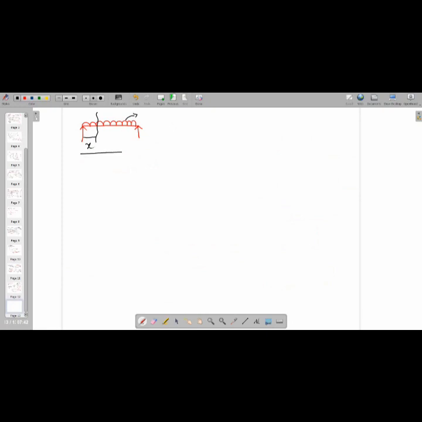This is L, this is W per meter. So the total load is equal to W into L. From symmetry, it will be WL by 2, and this will also be WL by 2. The shear force will be equal to WL by 2 minus WX.